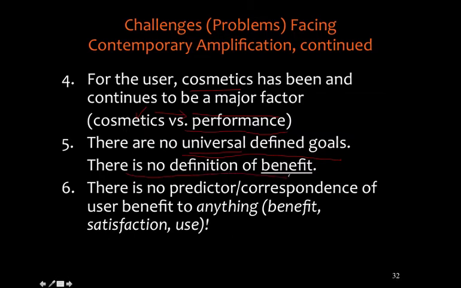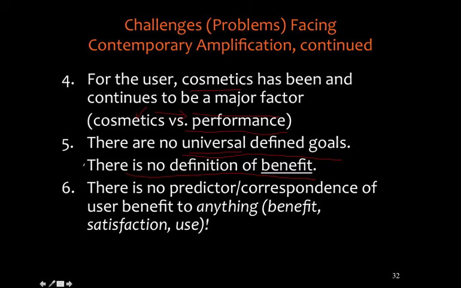There's no definition of benefit in the law. By the way, there's no requirement in California law or in the FDA to do any test on an individual wearing a hearing aid to demonstrate benefit. None. We have no legal requirement, at the federal or state level, to demonstrate that the hearing aid is actually helping the person.